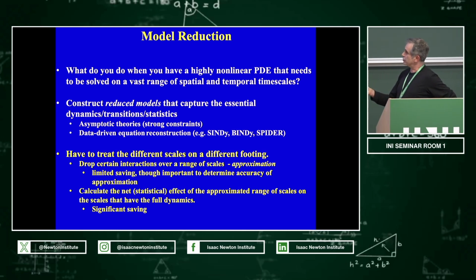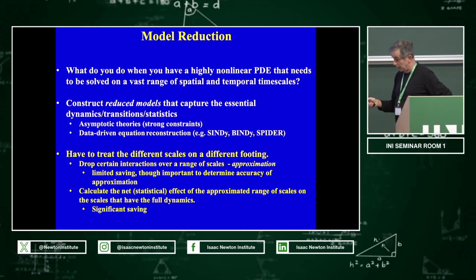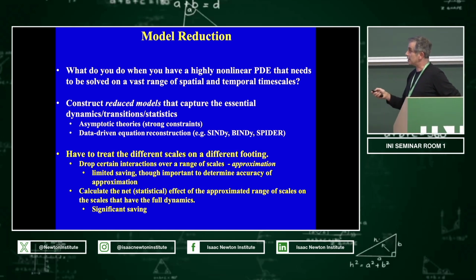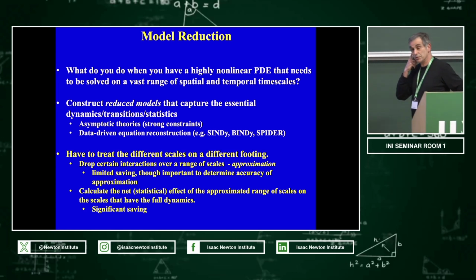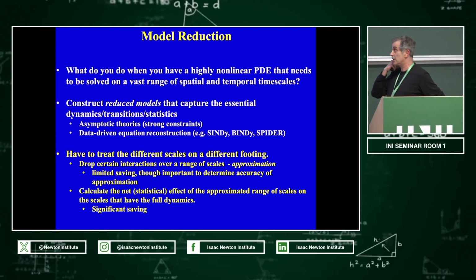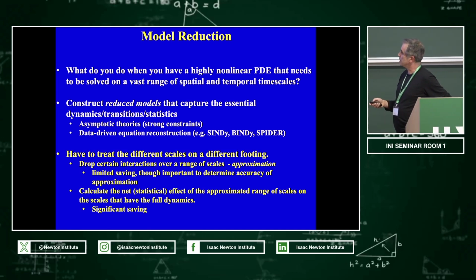Another way of constructing reduced models, which are very popular these days, are so-called data-driven reduced models, where you use simulations to extract, if you like, the most important features. But whatever you do, you really have to treat the different scales on a different footing.